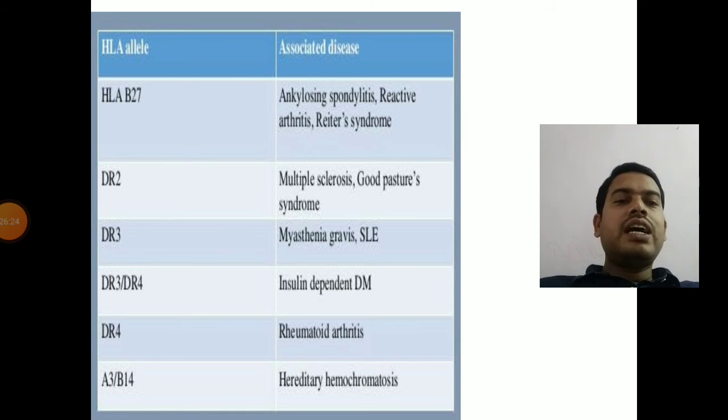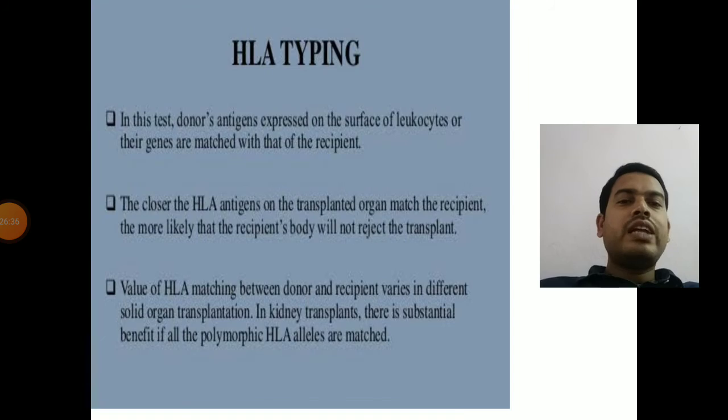If the sequence of alleles are matching or closely matching, then they will go for the process of transplantation. So HLA typing is an important process in transplantation technology.